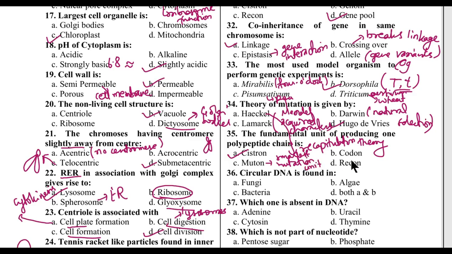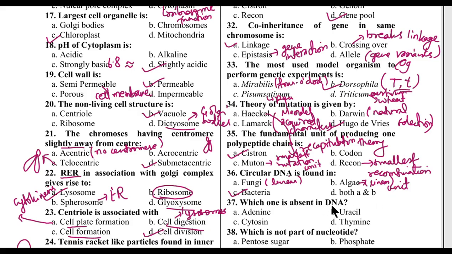And talking about the recon, it is the smallest recombination unit. Talking about circular DNA, which is found in which of the following? Our answer is obviously bacteria. In case of fungi, it is linear. Same in case of algae, mostly linear.